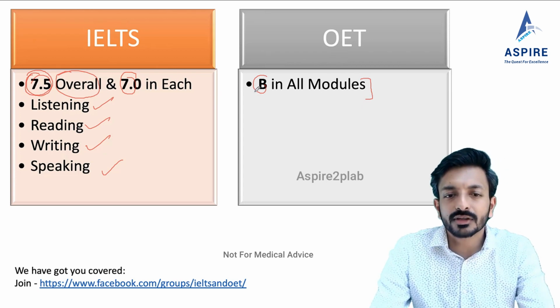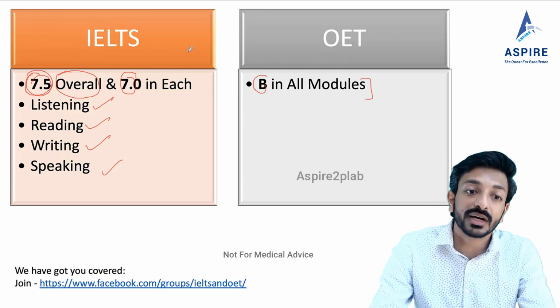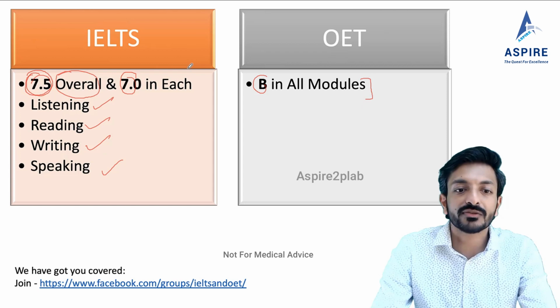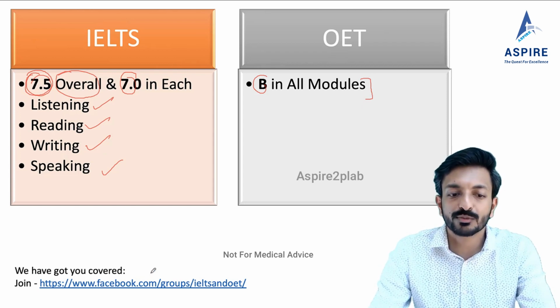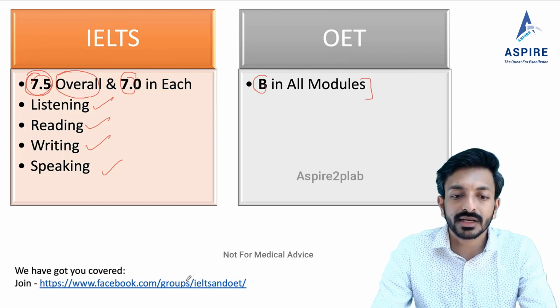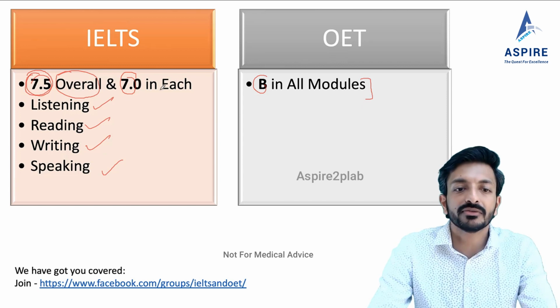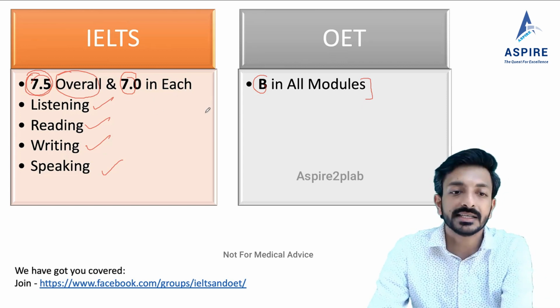This is based on feedback from candidates who had done OET after struggling in the IELTS. If you need more information on IELTS and OET, you can join our Facebook group, Aspire IELTS and OET, where you'll get relevant information if you are at that step.